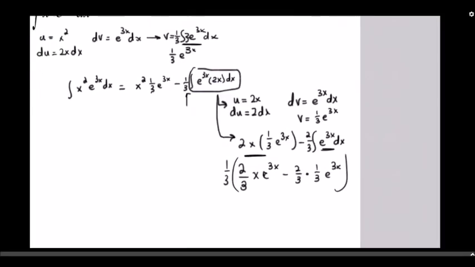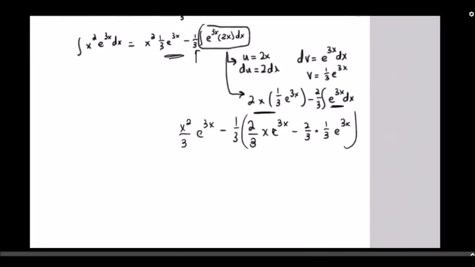Now for this expression, remember there was a 1/3 in front, so minus the 1/3 times x squared is just x squared over 3 times e to the 3x.